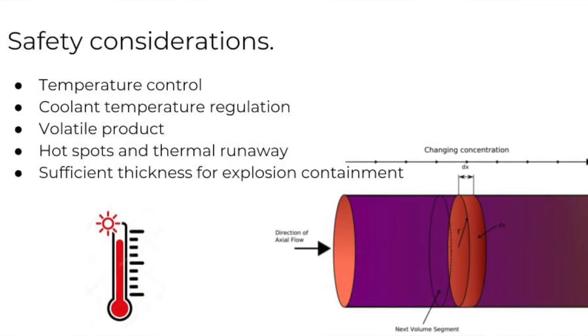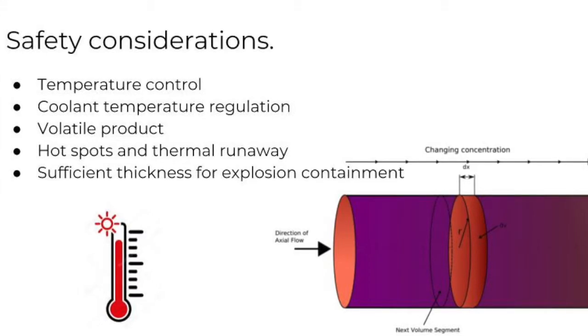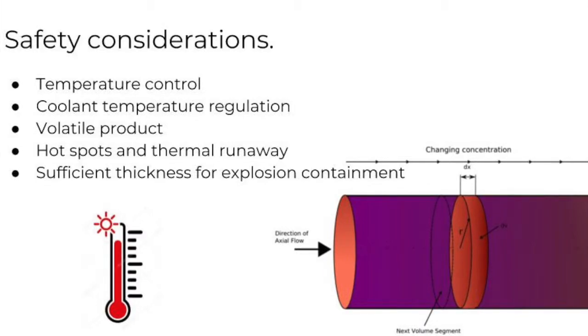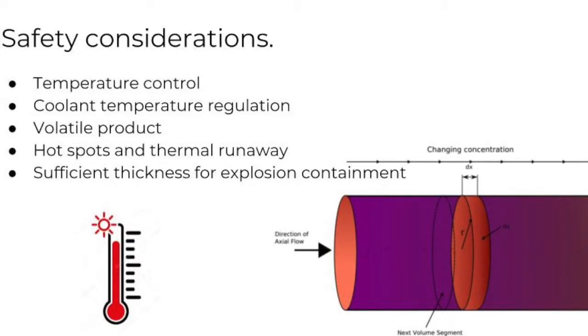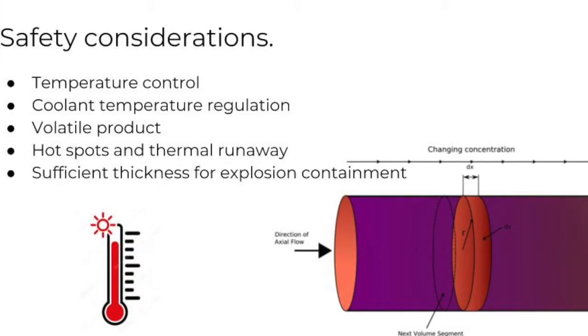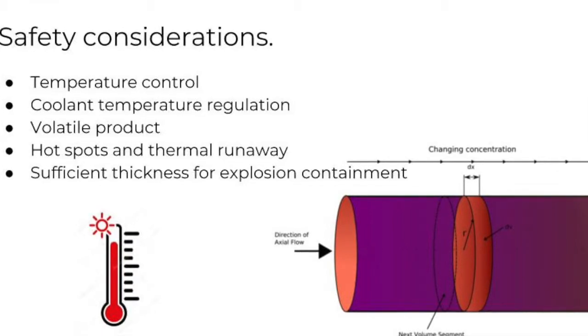Even though it is a very difficult parameter to control, there's a method to achieve this: constant coolant flow. Even though this is a very dangerous method because there can be some temperature variation or it can cool down the reactor, it can destabilize the reaction conditions.